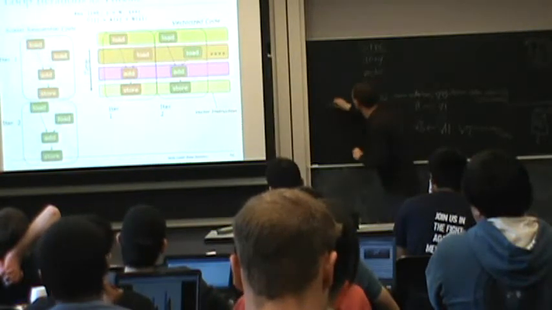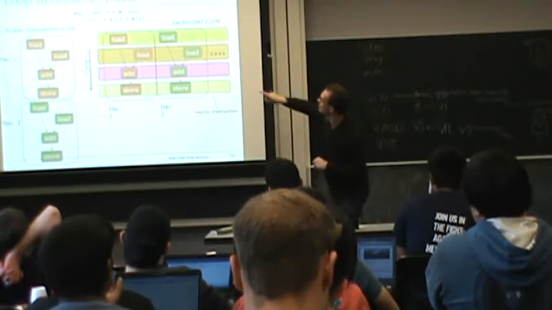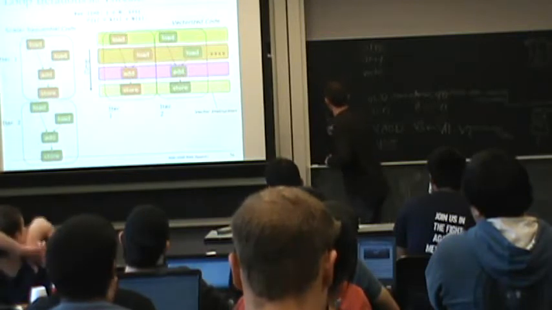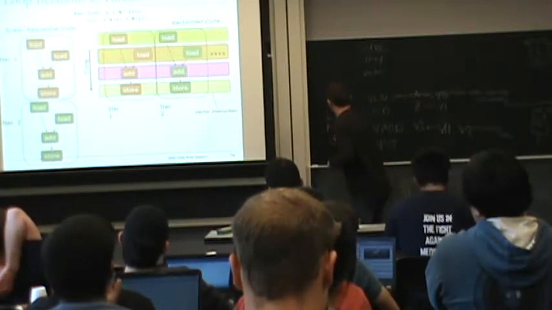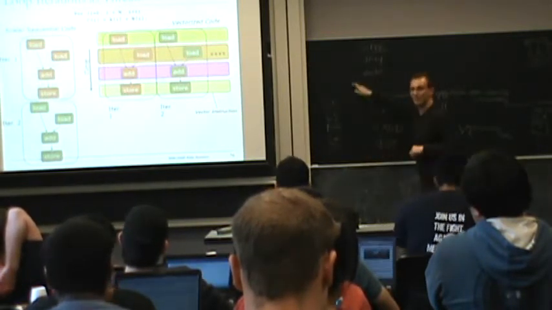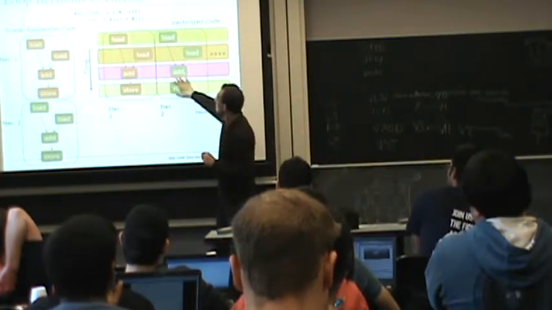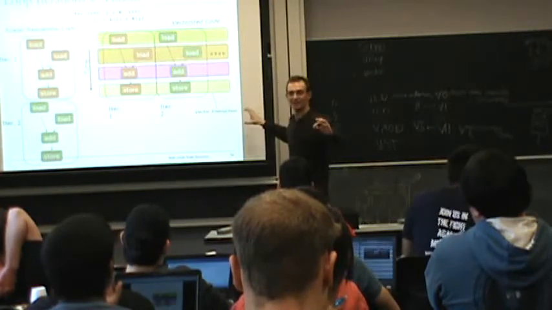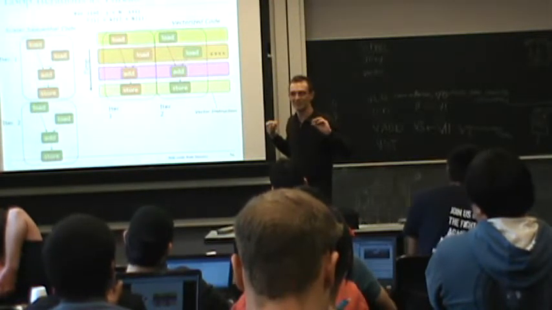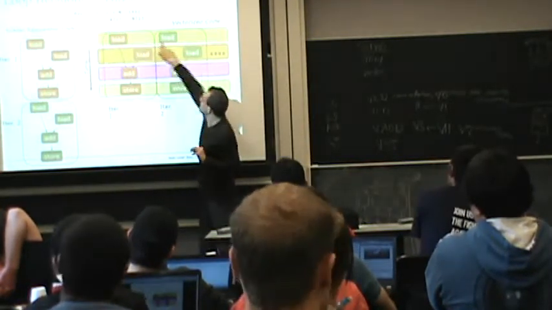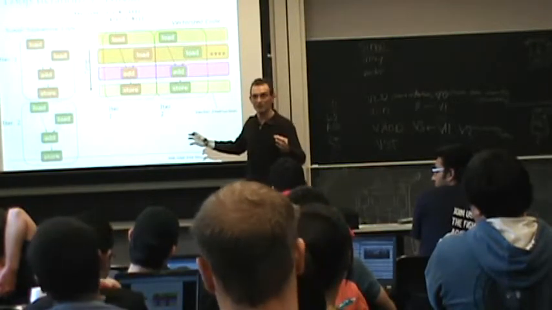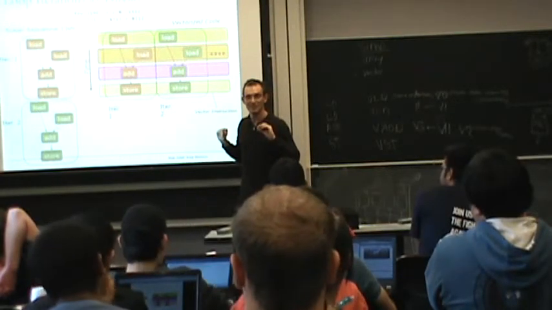You still do just load, add, store. You have a scalar program. But you can execute these scalar programs in parallel at the same time. And they happen to be executing the same code because they're operating on multiple data elements.